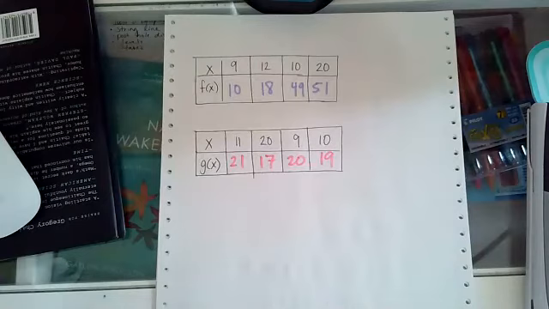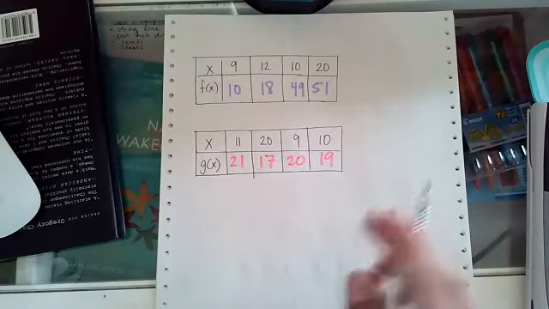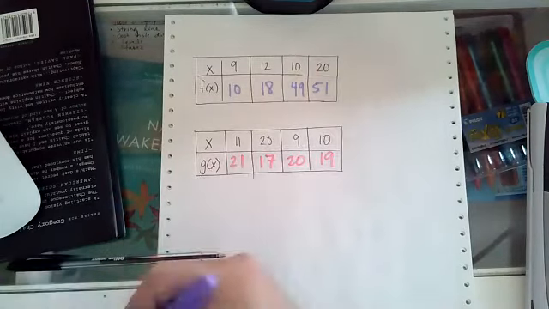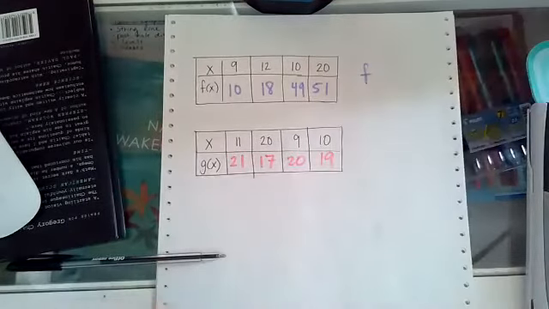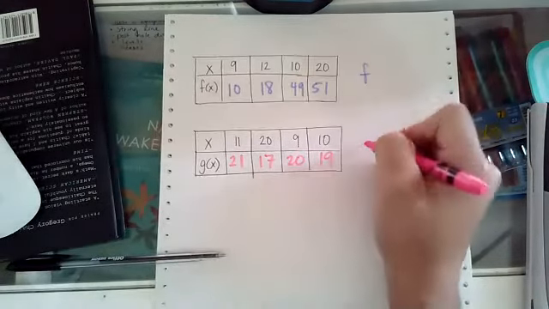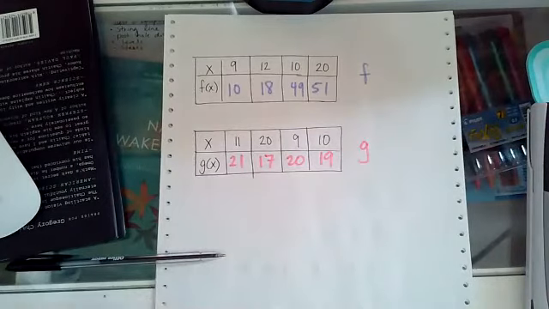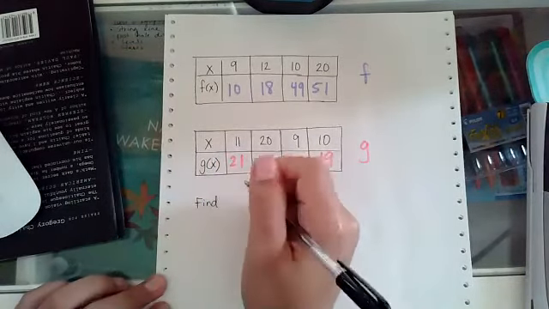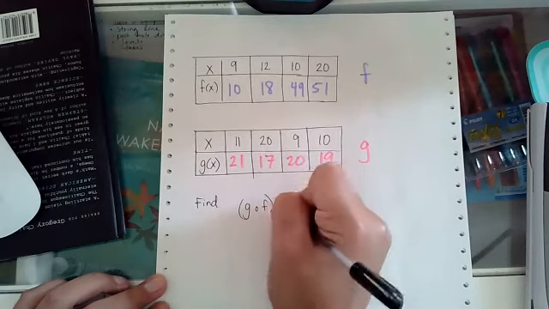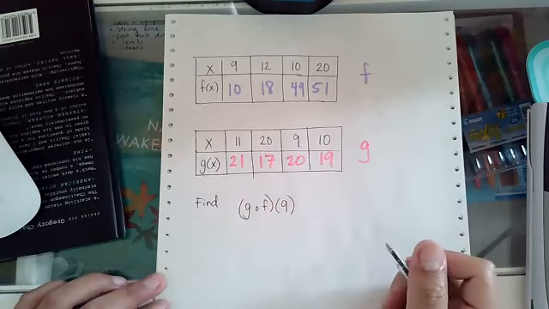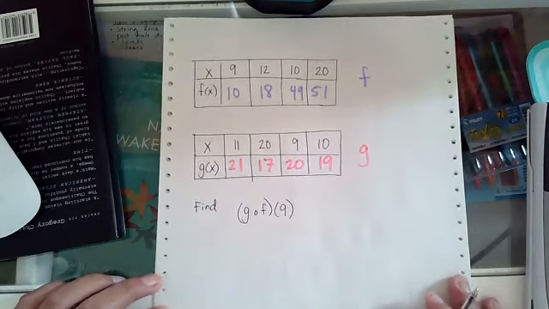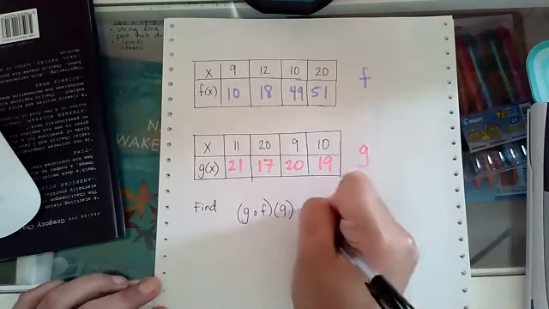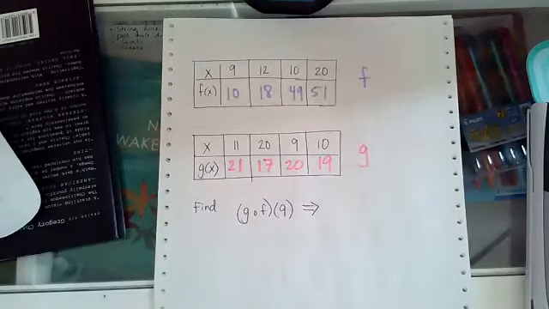So you could think of this table as representing the function f, and this one represents the function g, and they're asking us to find g composed of f evaluated at 9. And so we're going to have to think through what this means using the table.